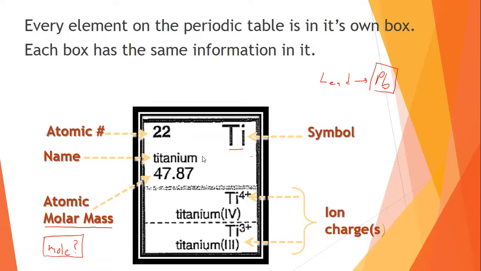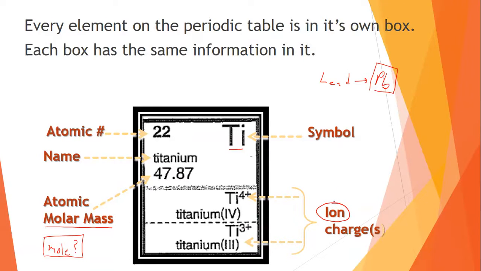And then finally, what we find on the periodic table is the ionic charges. Now, on each box on your periodic table, you will find 1 or more of these charges, except on the noble gases. Okay, the noble gases do not form ions because they are stable.